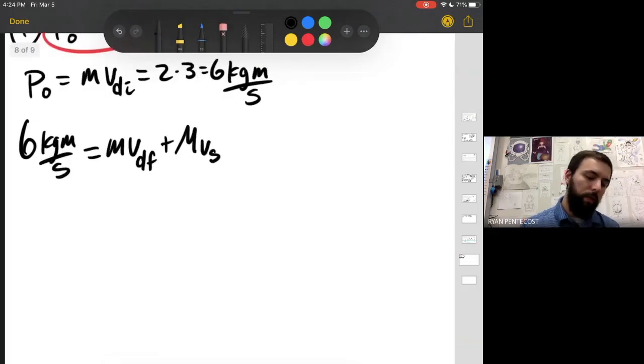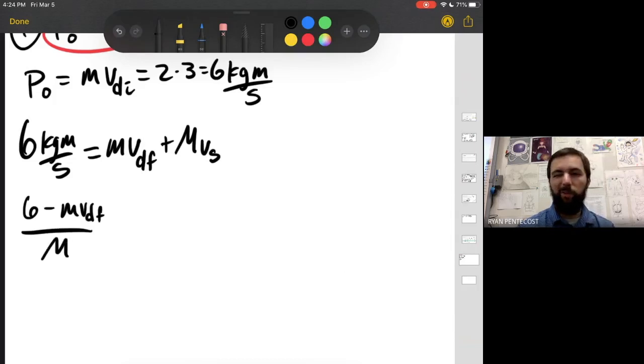If you take 6 minus m VDF divided by the mass of the stick, which is 1, you'll get the velocity of the stick. The final velocity of the disk was 2.33, right? So you've got a mass of 2 times 2.33, which would be 4.66.